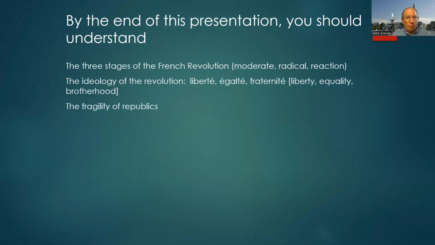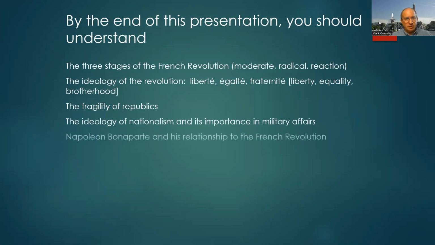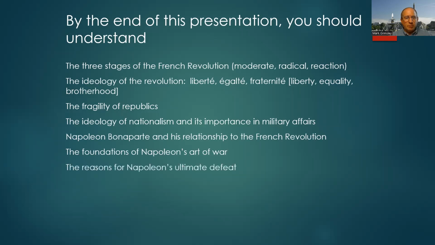That is to say, republics are mortal, and as we're going to see, they can go away quite easily. Next, the ideology of nationalism and its importance in military affairs. Then Napoleon Bonaparte and his relationship to the French Revolution, followed by the foundations of Napoleon's art of war, and then finally, the reasons for Napoleon's ultimate defeat.